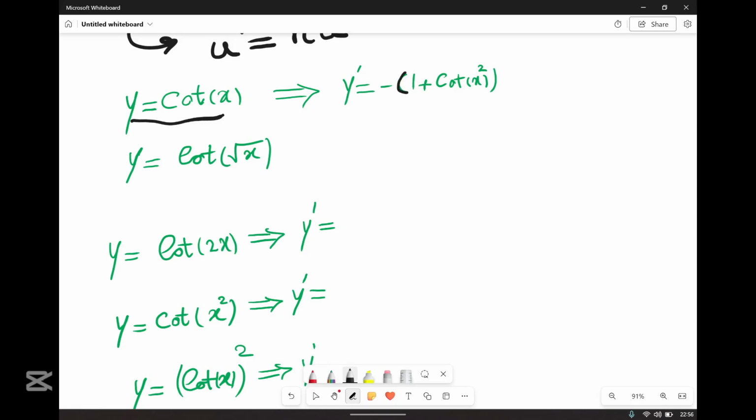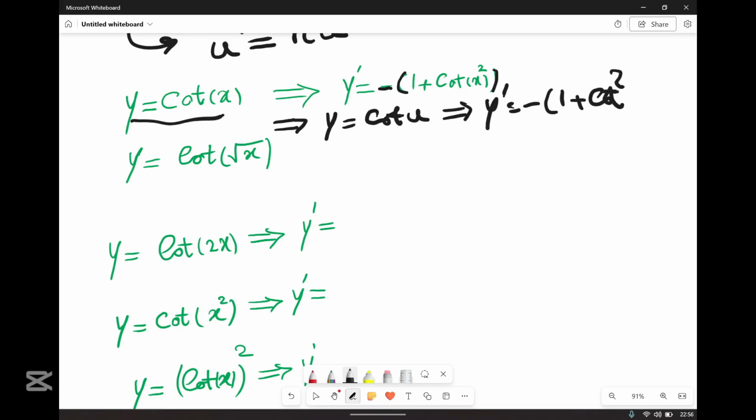But in the end, you must put a minus in front of this value, exactly like cosine. So the derivative of cotangent of u is u prime times minus 1 plus cotangent power 2 of u, multiplied by u prime. What about this, guys?